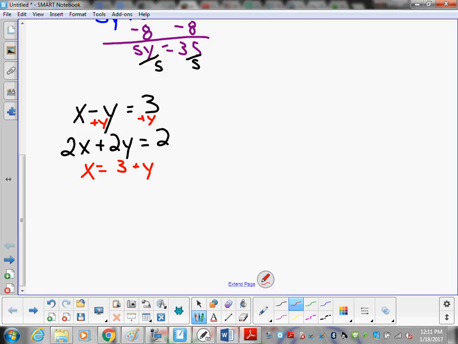And now, once I've done that, it's exactly the same way I did the first problem. I'm going to take this 3 plus y, plug it in for this x. So 2 times 3 plus y plus 2y equals 2. Okay. And then at this point, you distribute and you find your like terms.